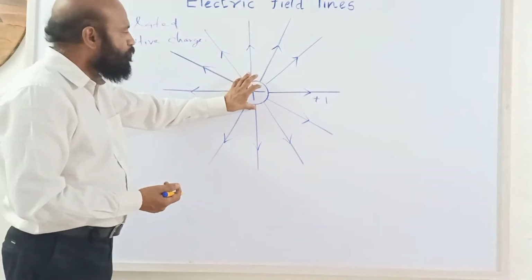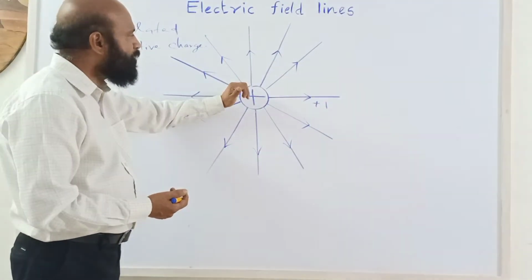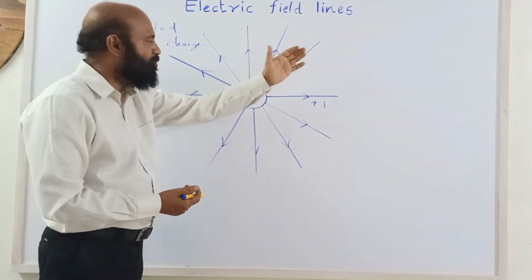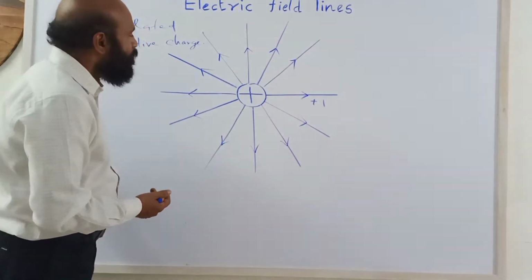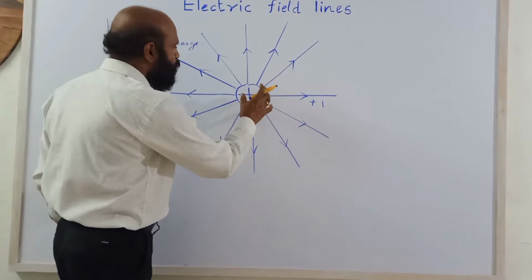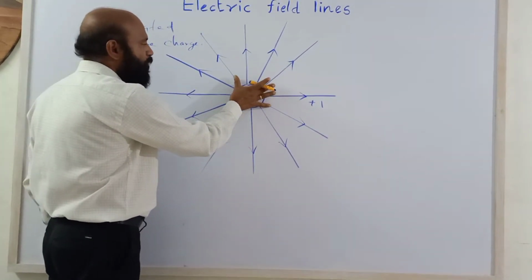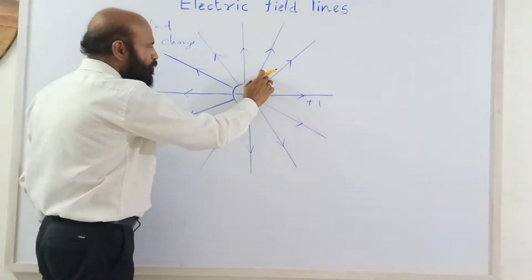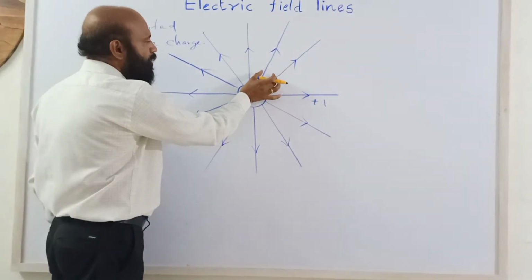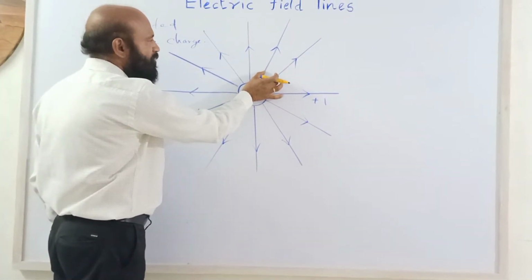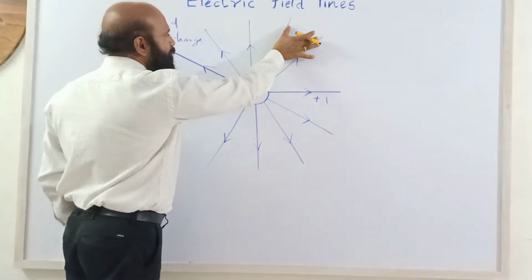Now you can see for a positive charge, electric field lines are directed away from the charge. Where the intensity of the field is more, field lines are crowded. Here the intensity of the field is more, so the gap between the lines is less. Here the gap between the lines is more.